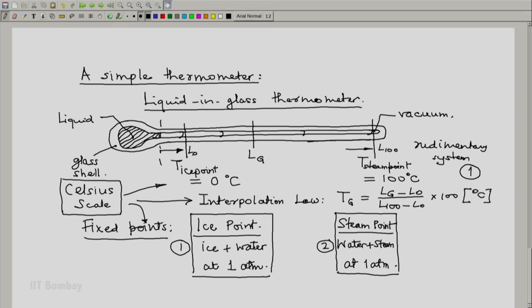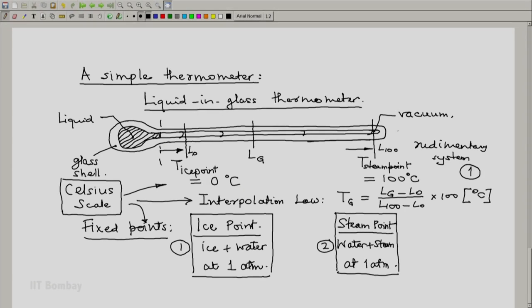So notice that even the simple Celsius scale requires the following things. First, it requires a thermometer, a simple system known as the thermometer. Then we need at least one fixed point; in this case we have two fixed points. Third, we need to define the temperatures of those fixed points.